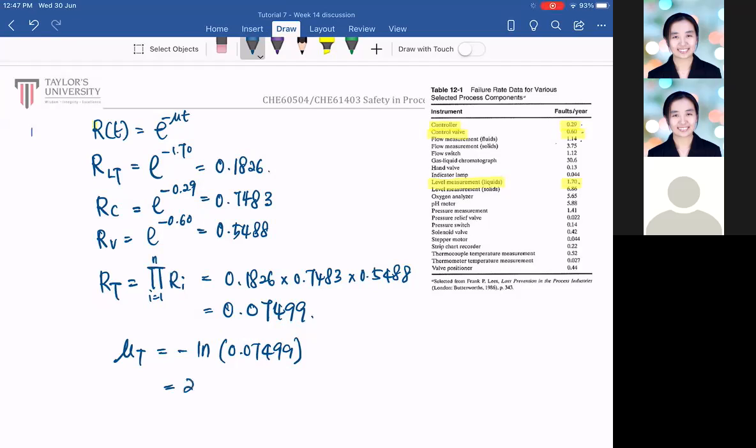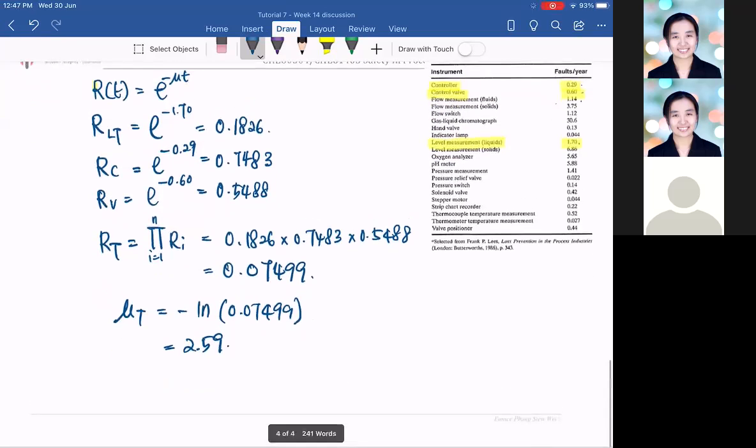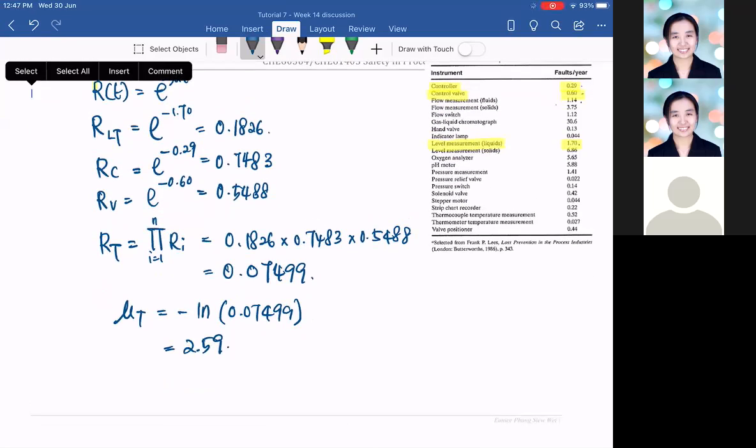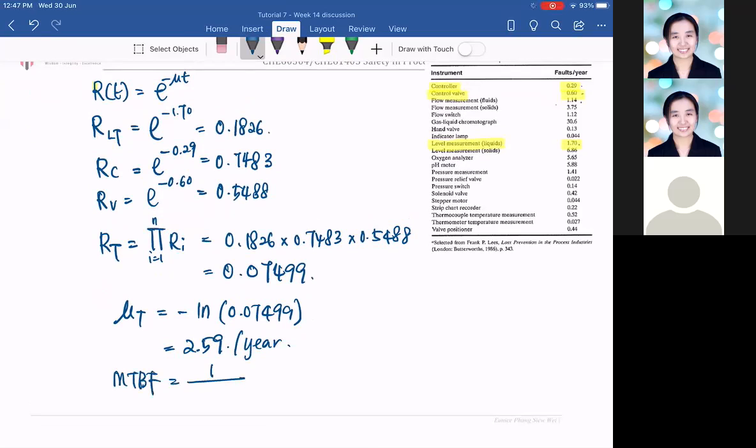Thank you, Elena. 2.59 faults per year. So the mean time between failure of the system is 1 over 2.59, which is 0.386 years. It's also equivalent, if we multiply it to months, to every 4.6 months the system will have an overflow.